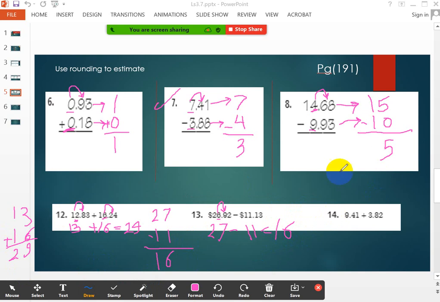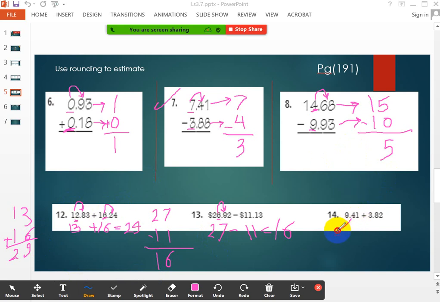Now let's continue with number 14. 9.41 hundredths plus 3.82 hundredths. Now let's choose another one. Yes, Mace. Now I want you to help me to solve number 14.